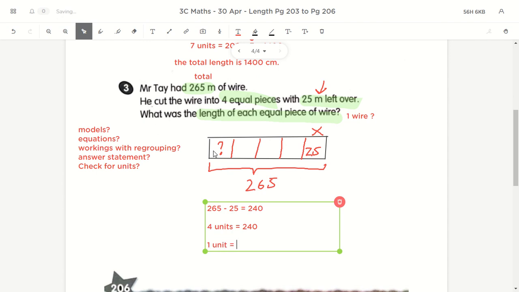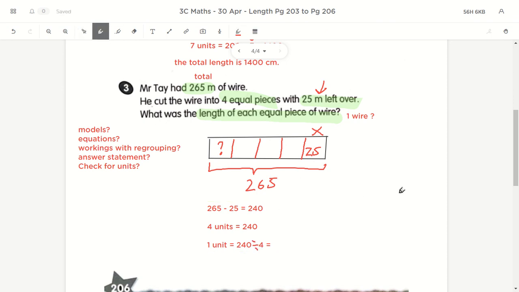So all you need to do is to find 1 unit because you want to find 1 piece of wire. So 240 divided by 4 equals, I'll put a divide sign and work it out over here. 240 divided by 4: 0 minus 0, bring down the 4, give you 24. 4 times 6 is 24.